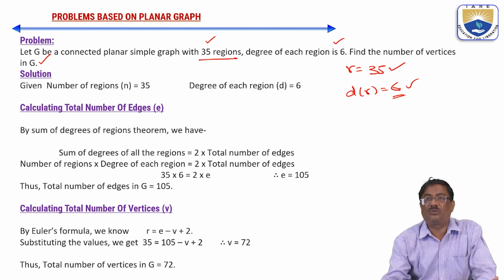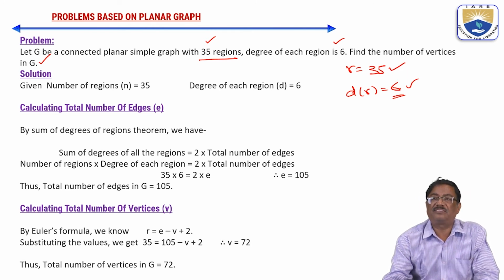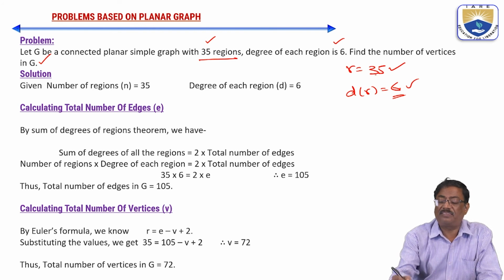Now, first we have to find out how many vertices it has. Here the regions are given and the degree of each region is given.